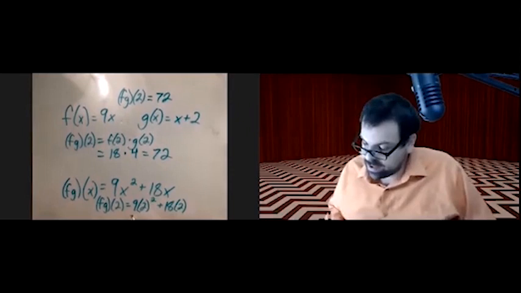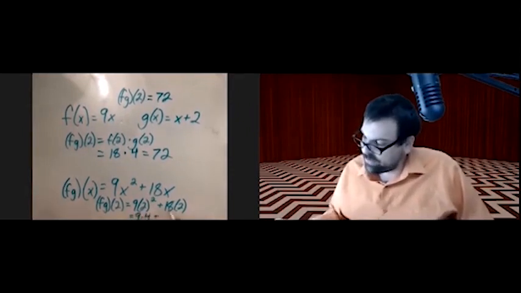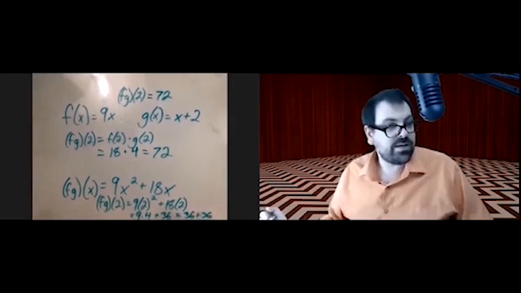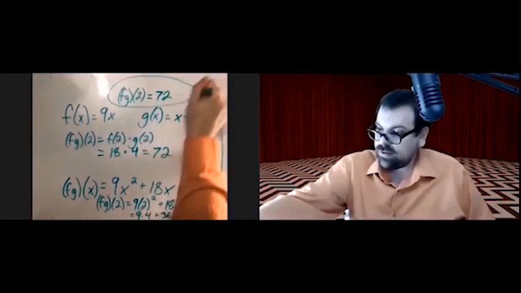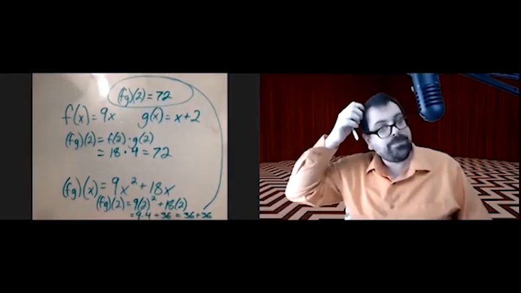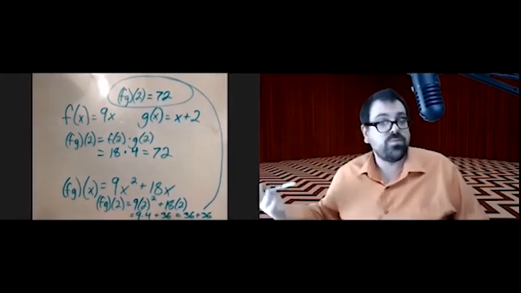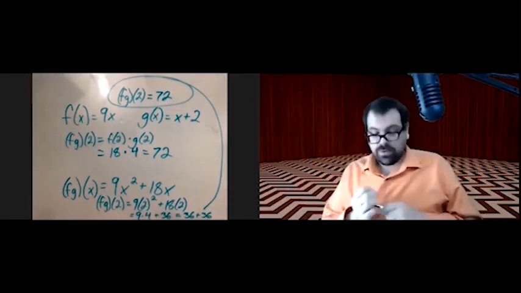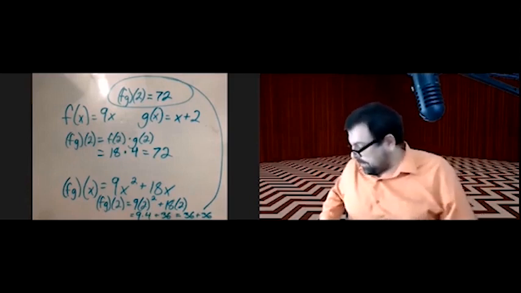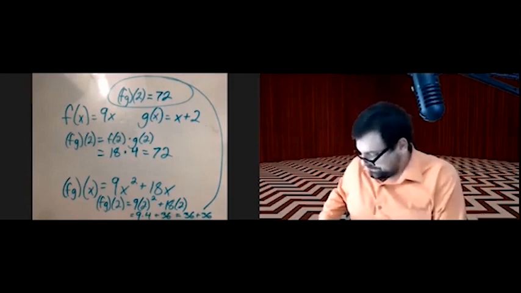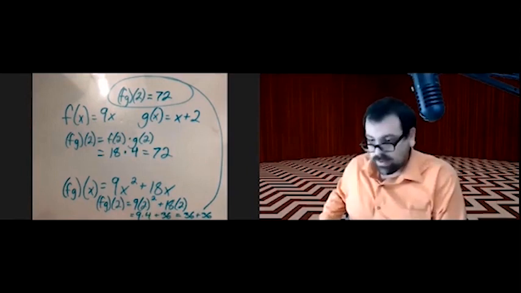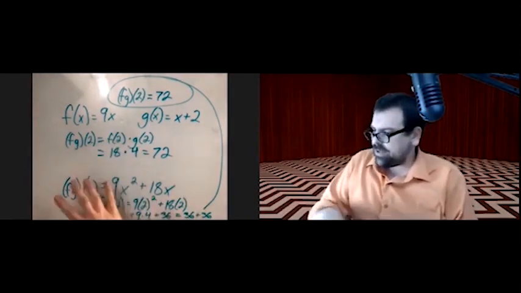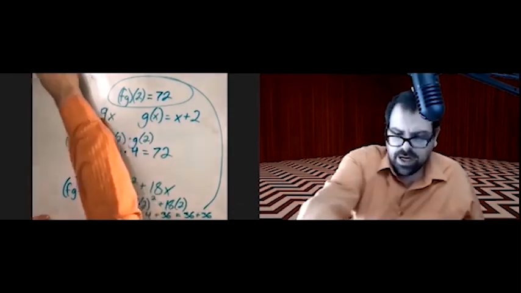That would be 9 times 4 plus 36, which would be 36 plus 36, which is, guess what? 72. So everything's working exactly like it should here when we do algebra with functions. Now, 9x and x plus 2, various different ways.